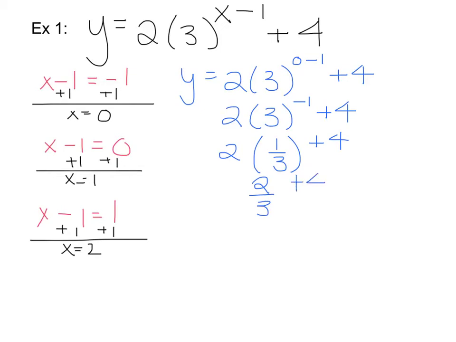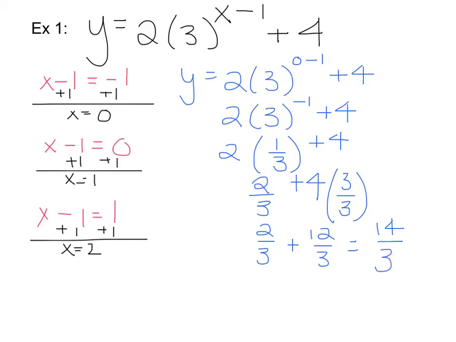And then to add 4, you must multiply by 3 over 3. So that's going to give me 2/3 plus 12/3, which simplifies to 14/3. So the first point that you are going to graph is 0, 14/3.